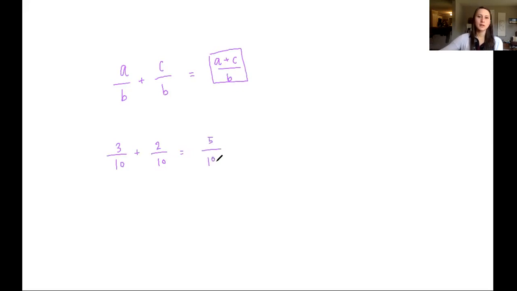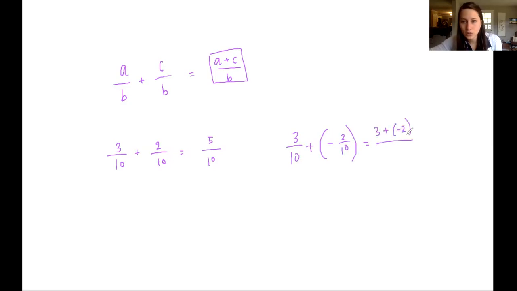So let's talk about if we have a negative number, because now we're going to look at fractions where there are negative numbers. So let's say we have 3/10 plus negative 2/10. When we're working this out, we can look at this as 3 plus negative 2 over 10, since my denominator is the same.